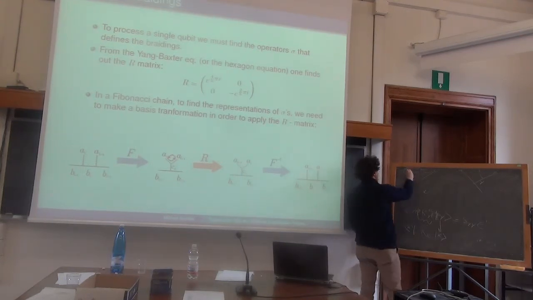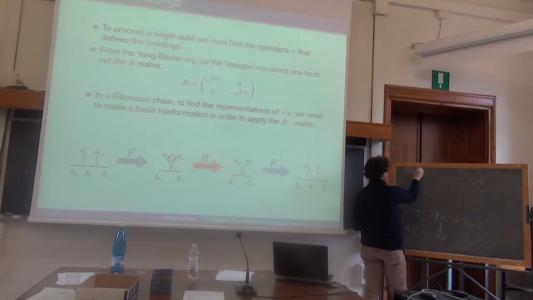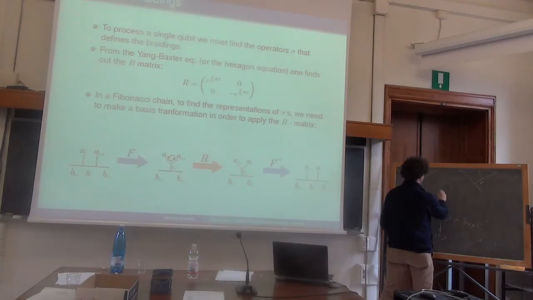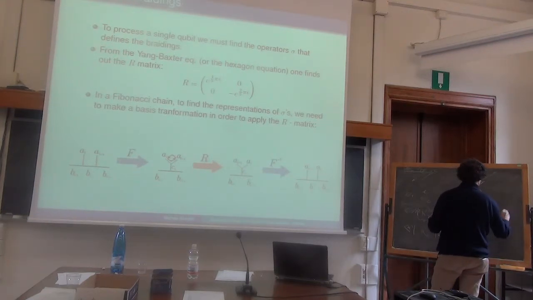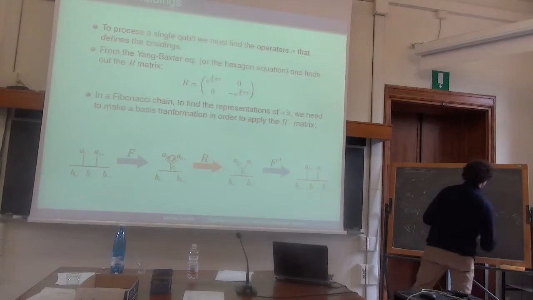Now I can consider this exchange between A and B as sigma 1, this exchange between B and C as sigma 2, and I must be sure that the Yang-Baxter equation is satisfied. So here, sigma 1, sigma 2, sigma 1 must be equal to sigma 2, sigma 1, sigma 2.